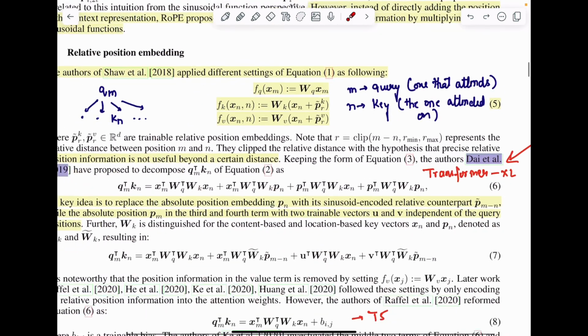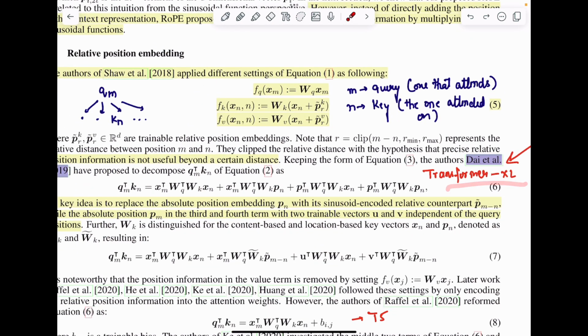Okay. In the case of Transformer-XL, we saw that you can break down the dot product, or the inner product, between q_m and k_n into 4 terms. And various papers have proposed various solutions to this, where they replace the absolute positions p_n and p_m with their relative counterparts.